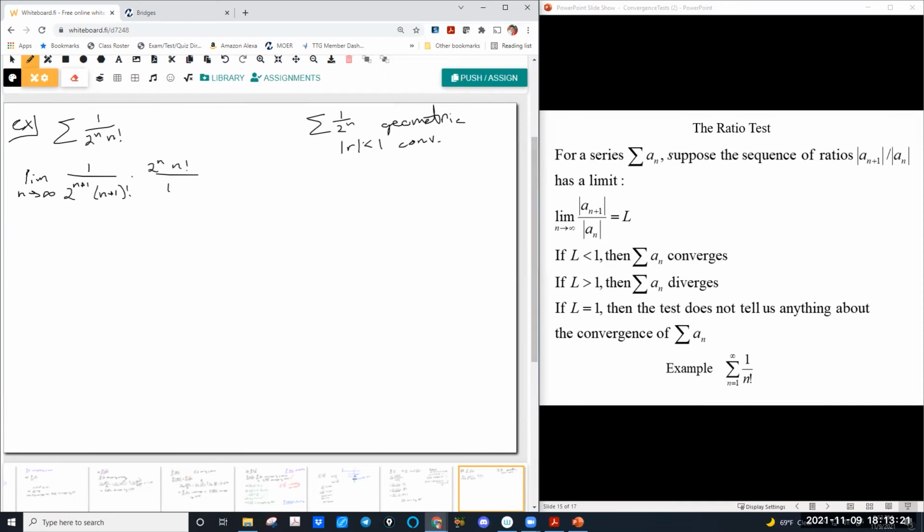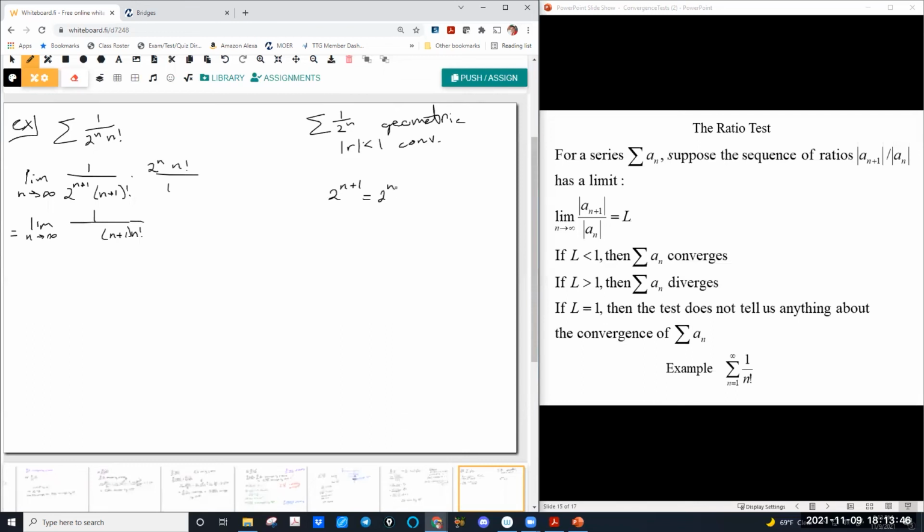This is canceling you're going to see a lot, especially in the ratio test going forward, because we're going to see it in power series. We've already seen how to rewrite this: n plus 1 times n factorial. Here's one we haven't talked about yet: 2 to the n plus 1.